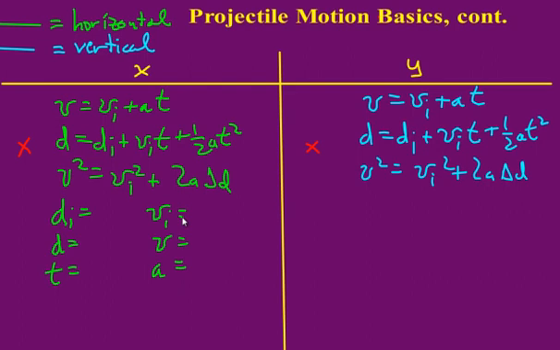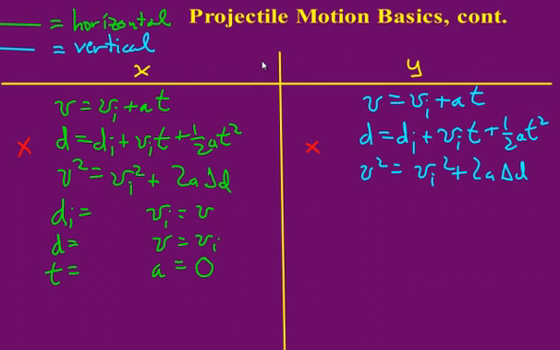One thing you know is that there's no acceleration in the x direction. So on the x side, a will always equal 0, which means if there's no push or pull in the horizontal direction, the final velocity and the initial velocity will always be the same number, correct?